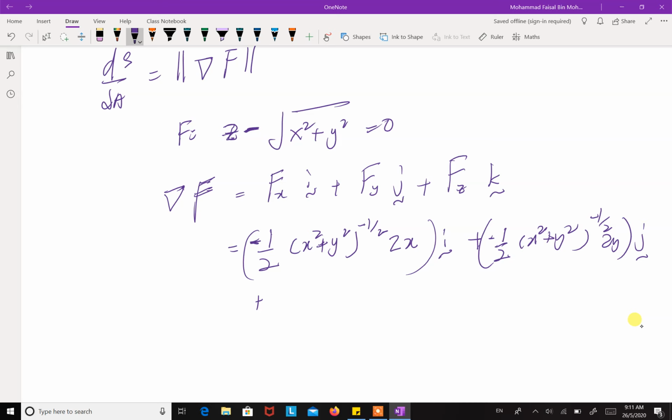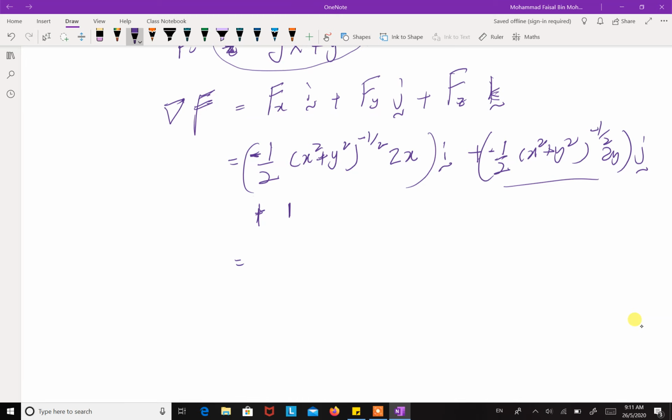The last one. If we differentiate this with respect to z, z will be 1. Differentiate this will be 0 because no function of z. Okay. When you differentiate this with function of x, this will be 0 and this will be negative half, and then the power will be minus 1. Differentiate inside with respect to x. Same for y, and then for k component will be differentiate f with respect to z. You get 1.